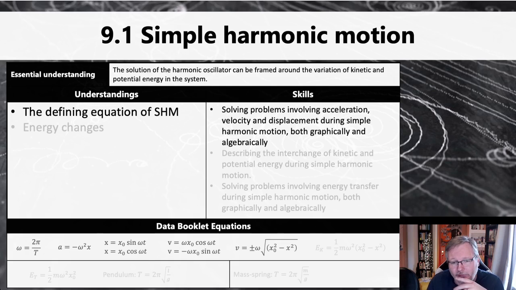And the velocity equation here. Things will become a bit more clear when we do some questions, which we'll do in a minute. And then the next presentation will also look at the energies involved, particularly this equation here, and that will really expand what we can talk about when it comes to solving problems involving simple harmonic motion. Okay, thank you very much.